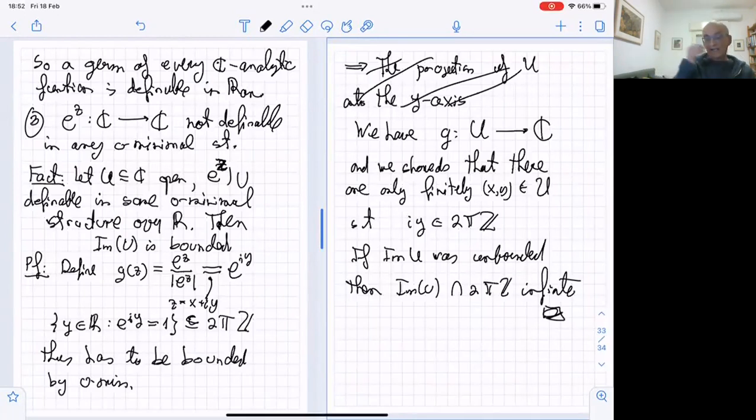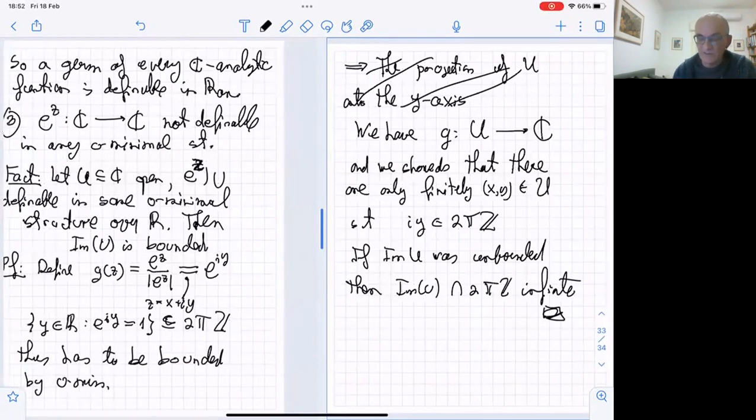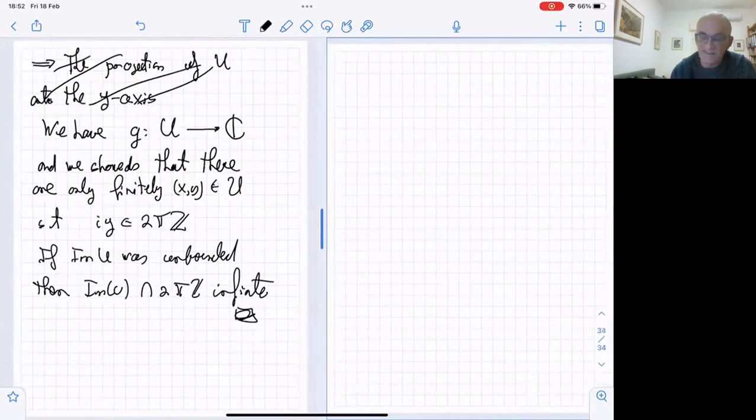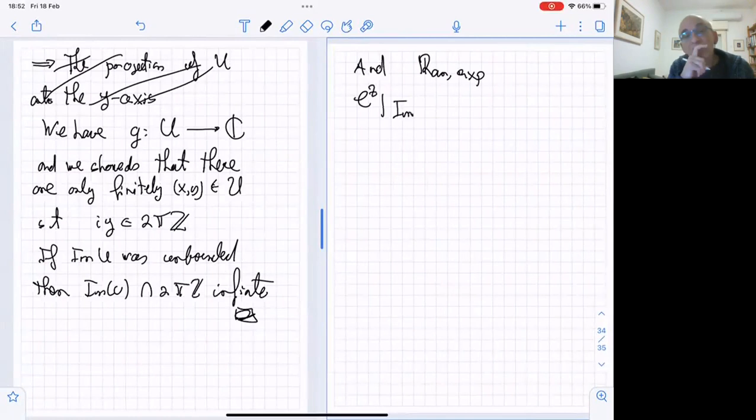All right, so we do have that if e to the z is definable on any open subset of C, the imaginary part has to be bounded. And indeed, conversely, we show, and in R sub n, sorry, I have to finish. When do I finish, Tamara? I'm sorry, I'm finishing today at 12. The round hour? At 12, yes, at 12. All right, okay.